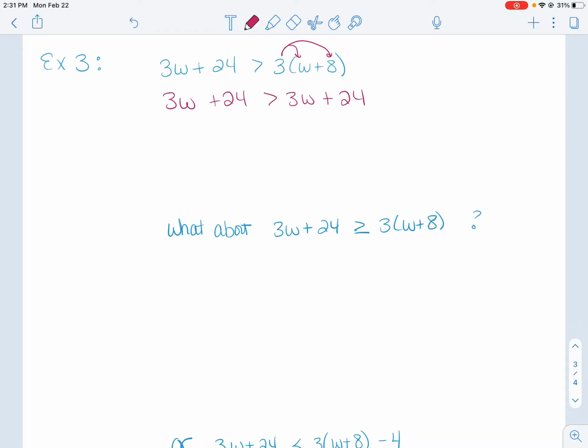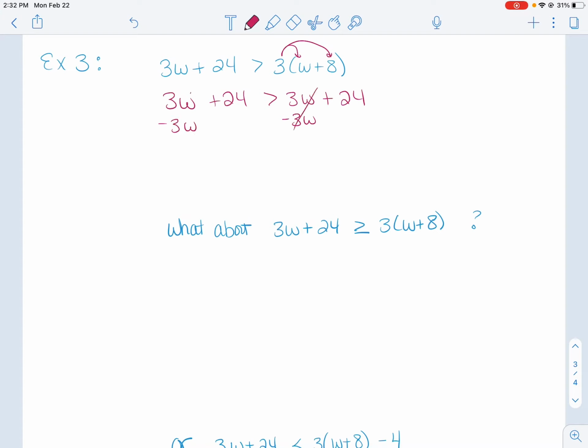If you remember, when we had an equal sign there, if it was exactly the same on both sides, we had an infinite solution or identity situation here, okay? In this particular case, though, we have an inequality, so things are going to change a little bit. So let's try and solve it and then see what we end up with.